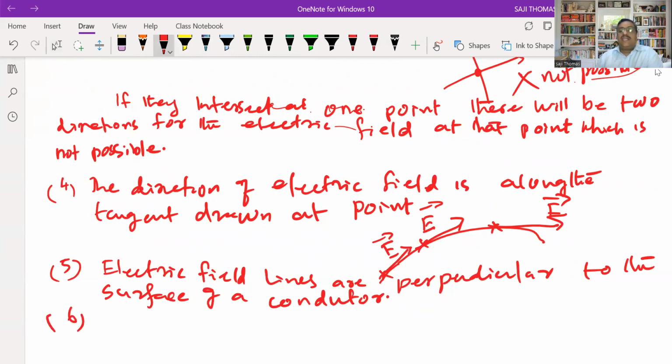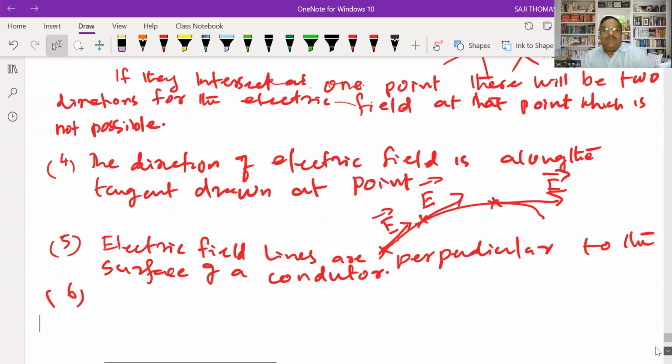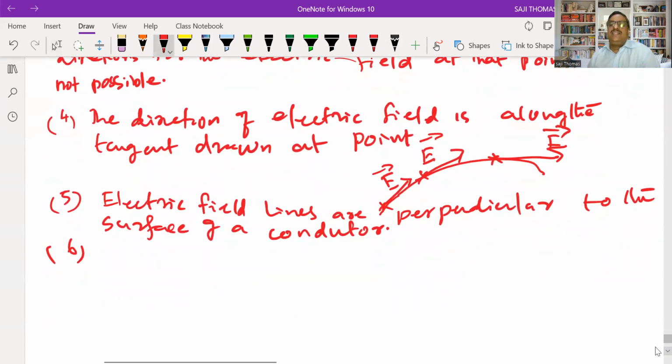Then electric field lines do not pass through a conductor because inside the conductor electric field is zero. Charges are situated only on the surface of a conductor. Inside, no charge is present. So electric field inside the conductor is zero.